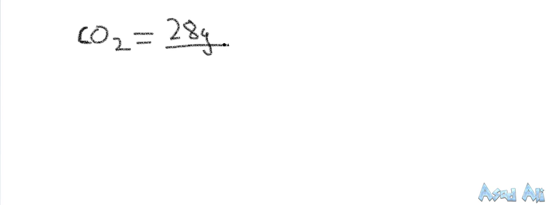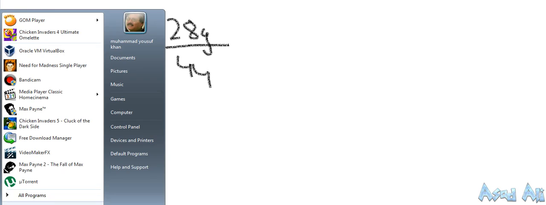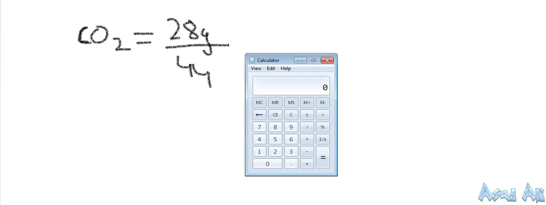Suppose I take the example of CO2. I have 28 grams of CO2. I will divide it by the molecular mass of CO2, that is 12 plus 32, which is 44.